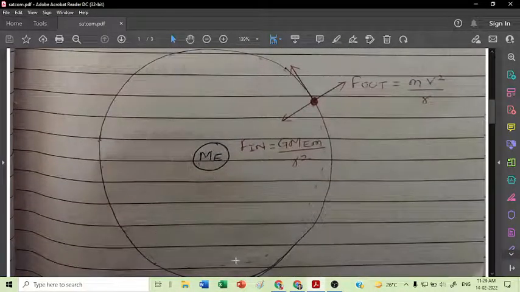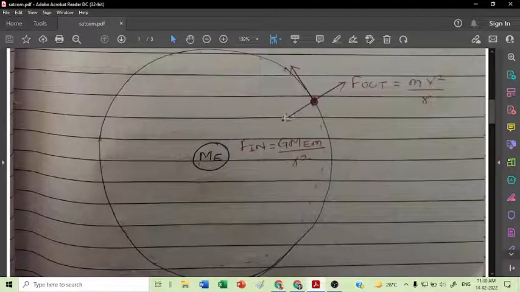Now as shown in the diagram, this Me is the mass of earth and this is your satellite orbit. Here I have drawn a circular orbit and here is a satellite which is revolving in this orbit. This small m is the mass of satellite.